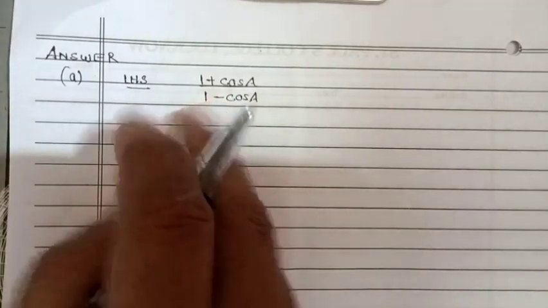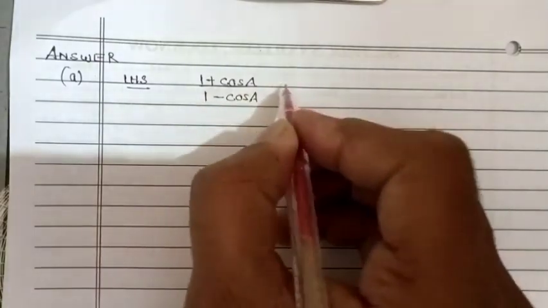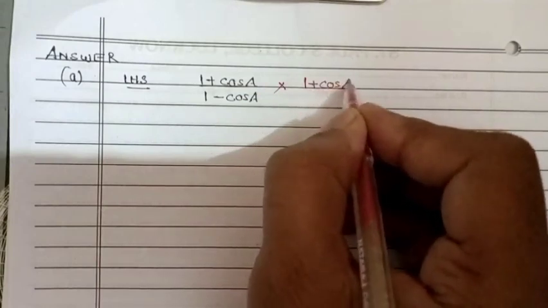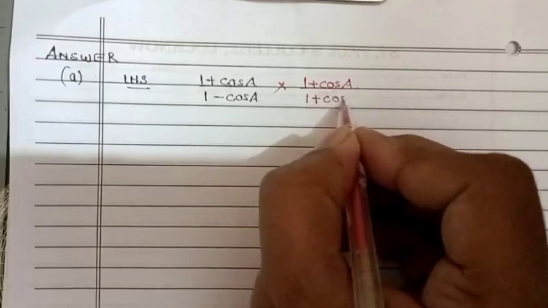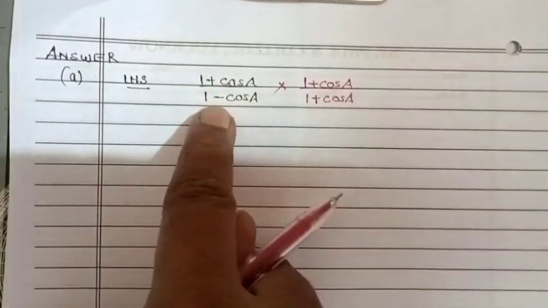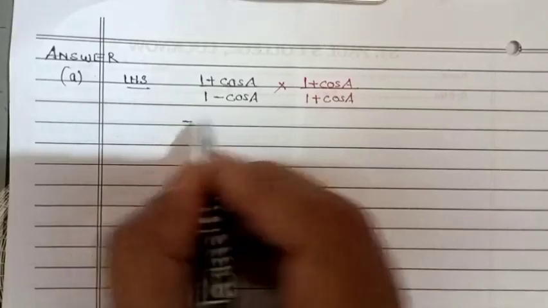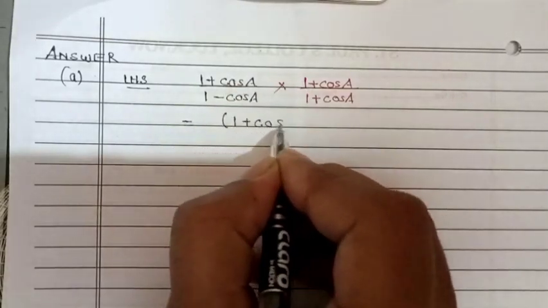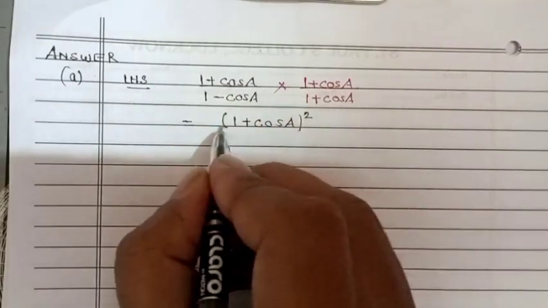Now let's see what you will do on the left side. First of all, you will multiply. Your denominator is 1 minus cos A, so its conjugate is 1 plus cos A. We will multiply the numerator and denominator both by the conjugate of the denominator. So this will give you in the numerator 1 plus cos into 1 plus cos, that is the whole square.